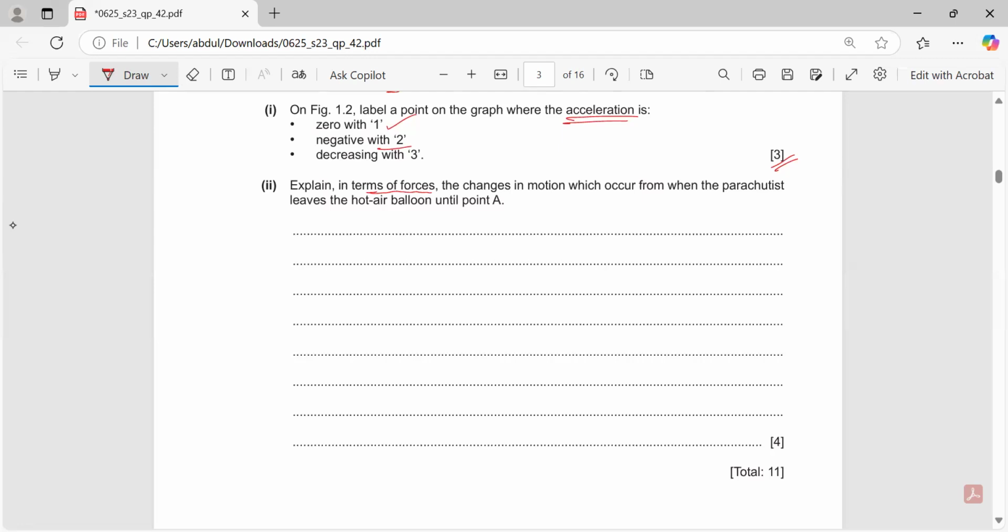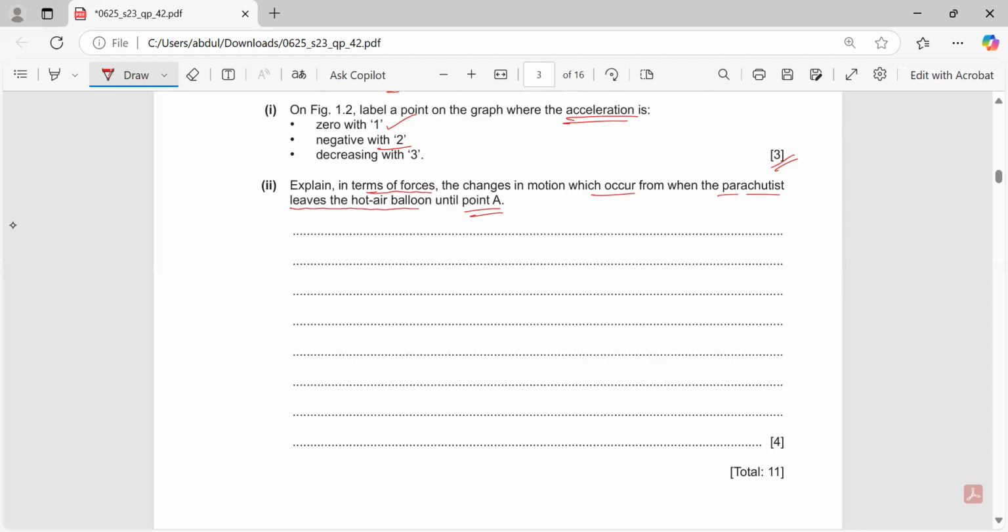Now let's see what the question is. Explain in terms of forces the changes in motion which occur from when the parachutist leaves the hot air balloon until the point A. As a parachutist is mentioned, most students write in their answer that when he opens the parachute, after some time weight is balanced by air resistance and it falls with constant velocity.